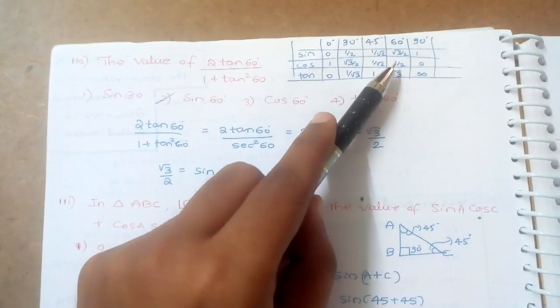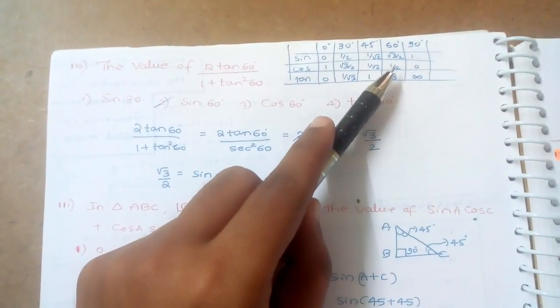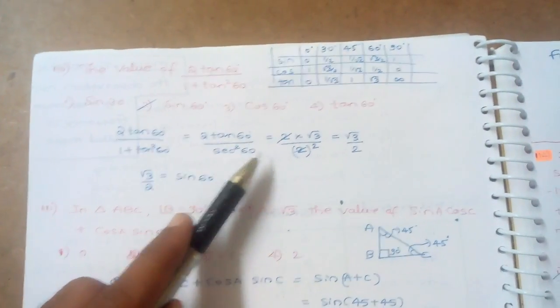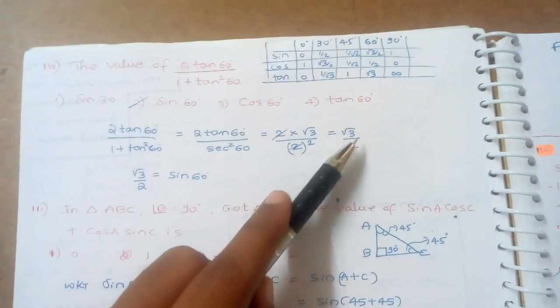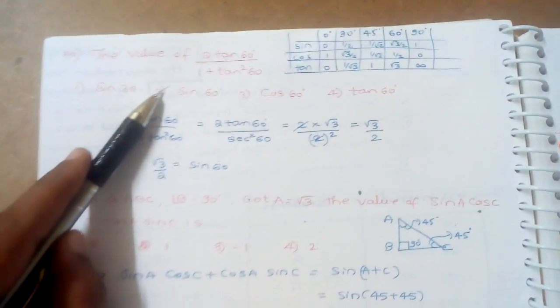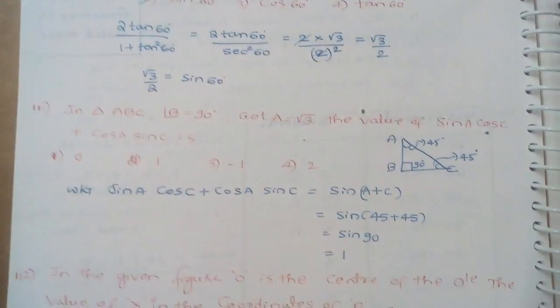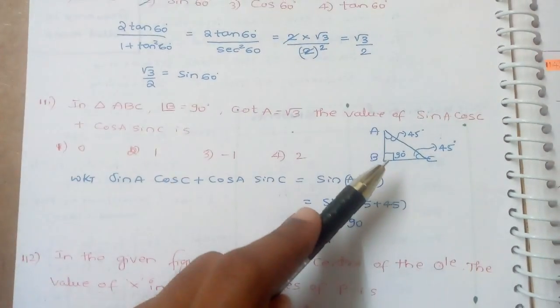If you take the reciprocal of that, 1 by 2, we'll get sec 60. So it is 2. Sec square 60 means 2 square. Here 2 into root 3 is there. On solving we'll get root 3 by 2. Root 3 by 2 is nothing but sine 60 degree. So the answer is 2.